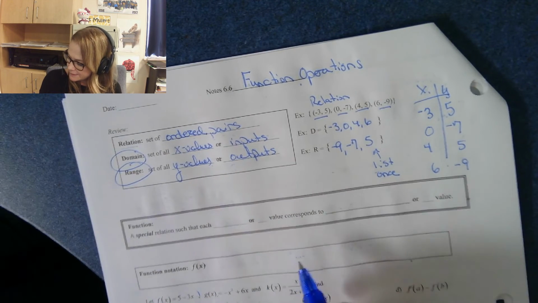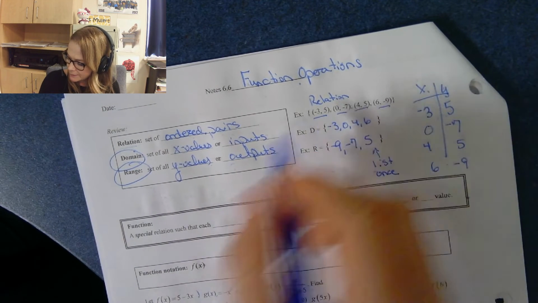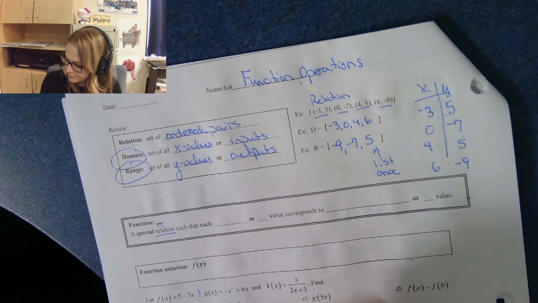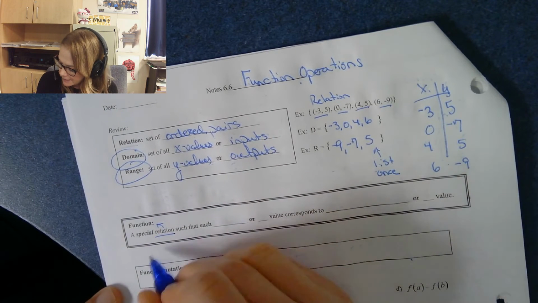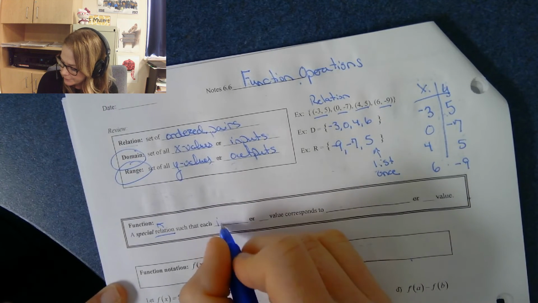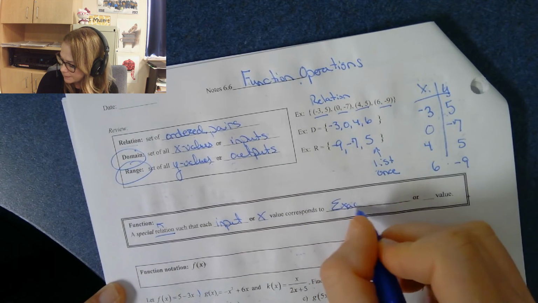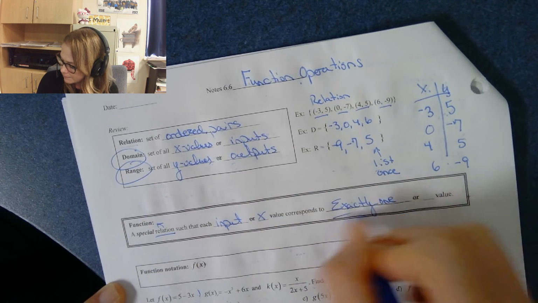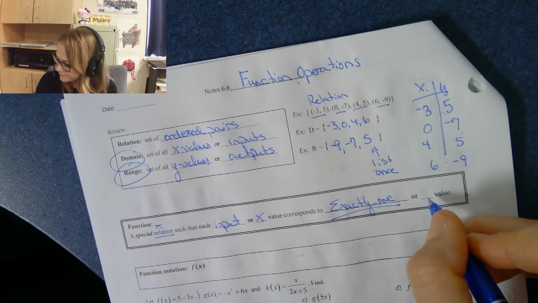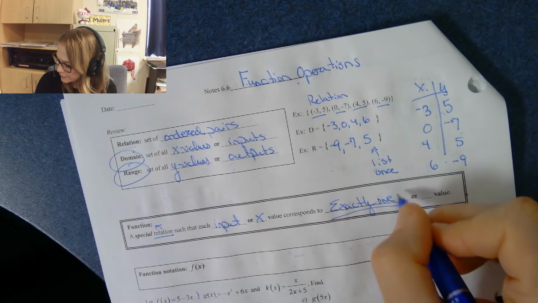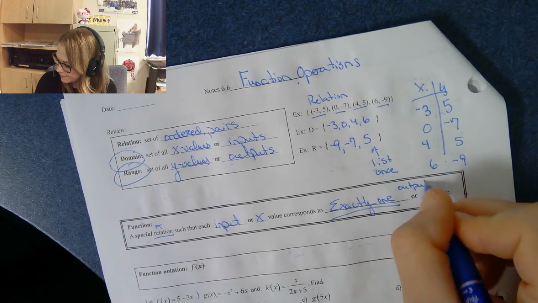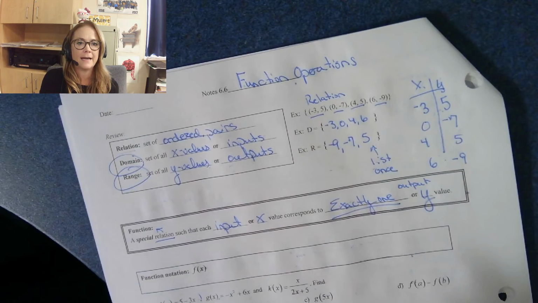So this next piece says, let's take a relation and turn it into a function. It is special in the fact that each input or x value corresponds to exactly one output or y value. So what does this exactly one mean?